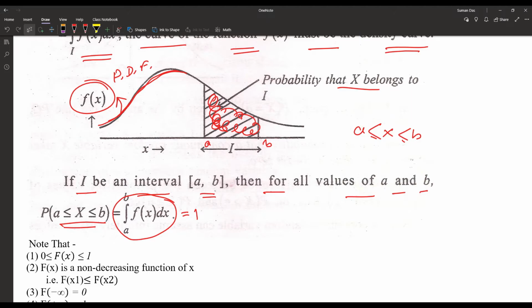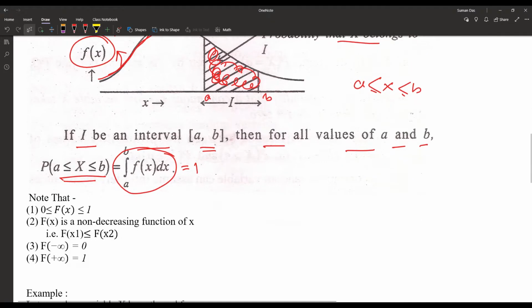Before we discuss PDF problems with any example, we have to remember four important things. Number one, the complete F(x) must lie from 0 to 1. That is obvious. F(x) is always a non-decreasing function of x. That means F(x1) is always less than or equal to F(x2).